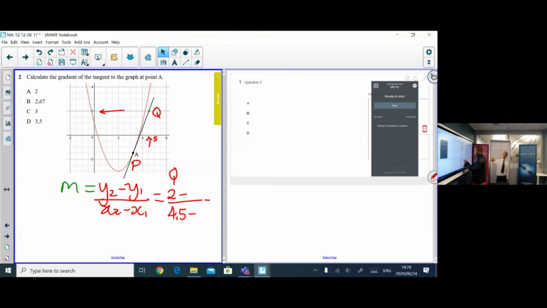Then you also do the same thing for P. According to what I chose there, my point is roughly at -2 on y, and x is slightly above 3. It can be, say, 3.1 or 3.2.